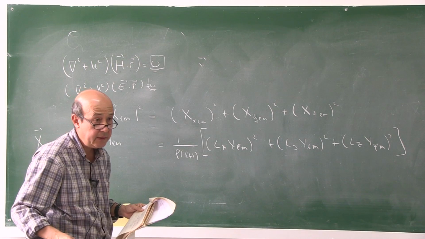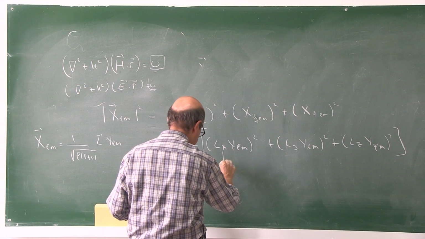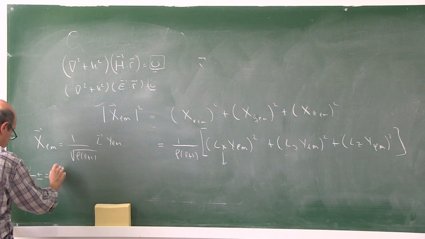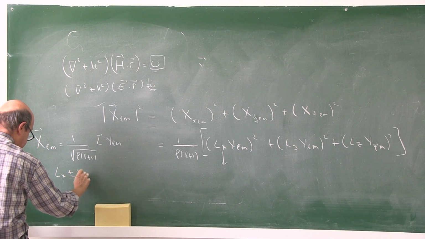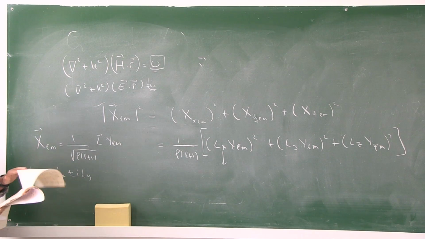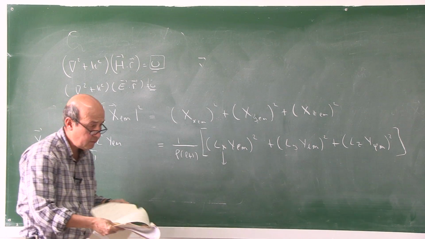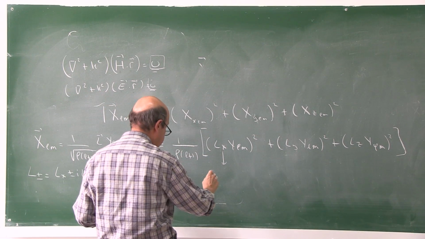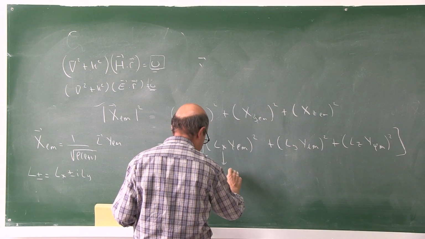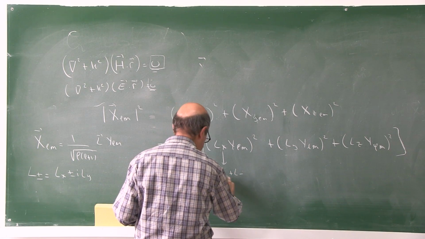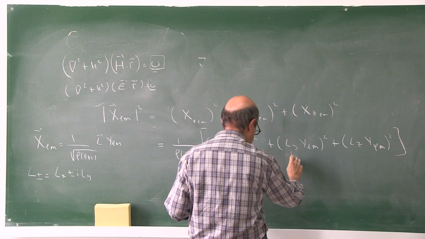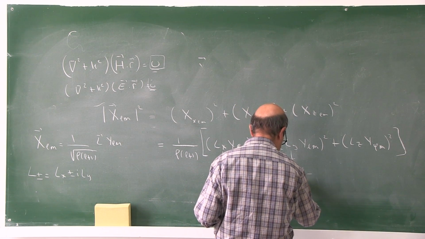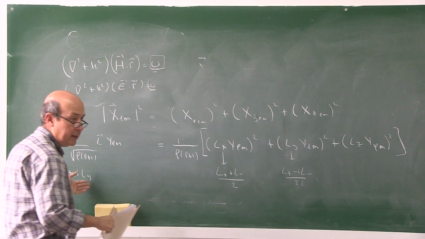And you know one other thing, L plus or L minus is equal to Lx plus or minus i Ly. So basically Lx is nothing but L plus plus L minus over 2, and Ly is L plus minus L minus over 2i. So you can solve for Lx and Ly.